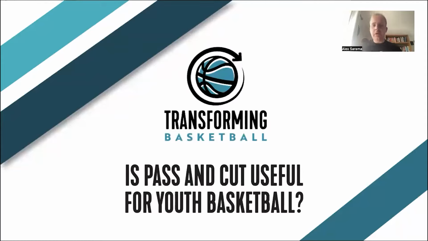So, in today's podcast, this is really an episode focused for youth coaches because something I've seen over the last several years is a widespread popularity in pass and cut offense, which is done typically in every environment. I've seen it all over the world at the kind of under 12, under 14 youth levels.